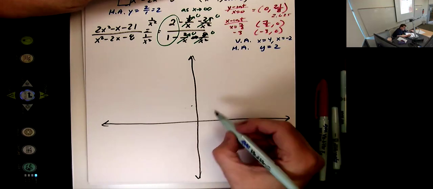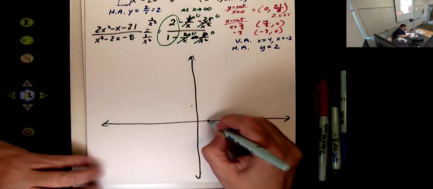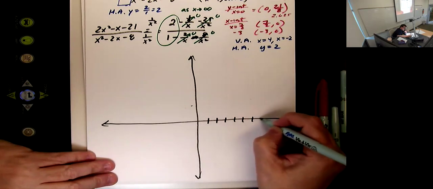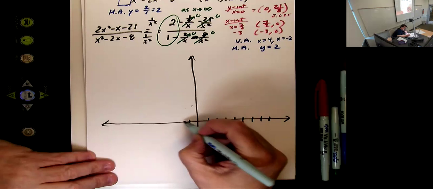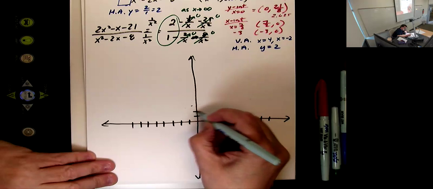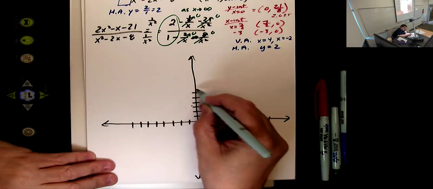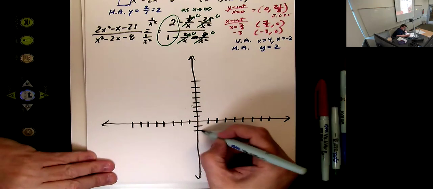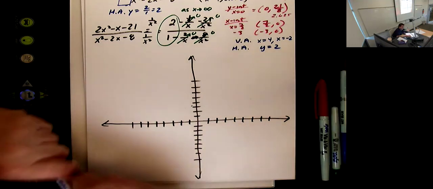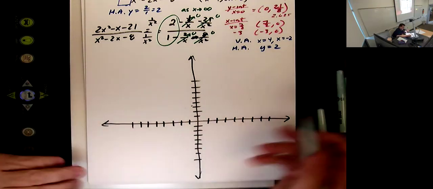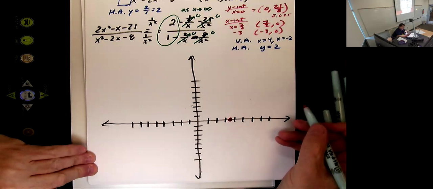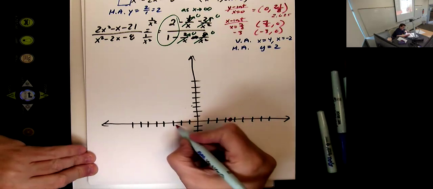Our x-intercepts are part of it. Seven halves is 3.5, and we got -3 as the other intercept.